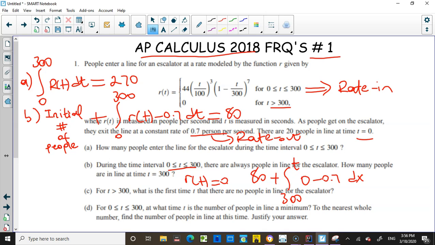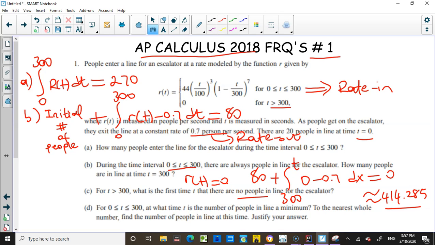This expression has to be equal to 0, because there are no people. If we grab our calculator and solve this, we get approximately 414.285. That's the time we needed to figure out.